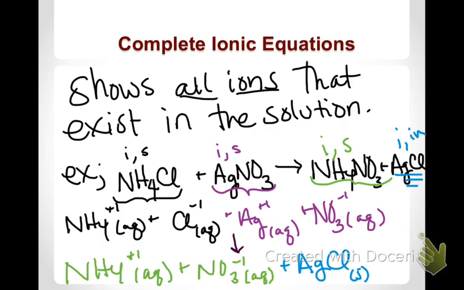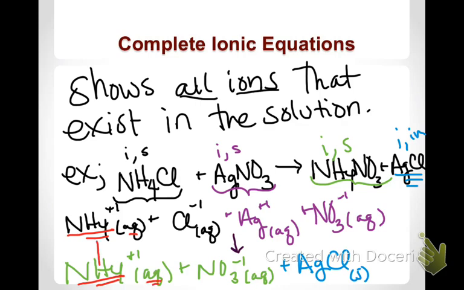And I want to point out something really important right now, and that is you have an ammonium ion right here, NH4 plus 1 in the aqueous form, that is both present as a reactant, and it is in exactly the same form, meaning it has the same formula, same charge, and it's in the same state, aqueous, on both sides.